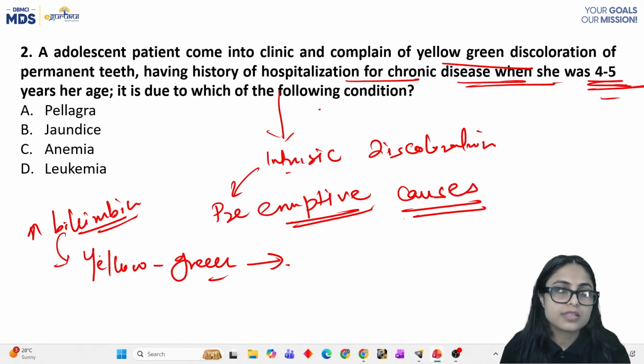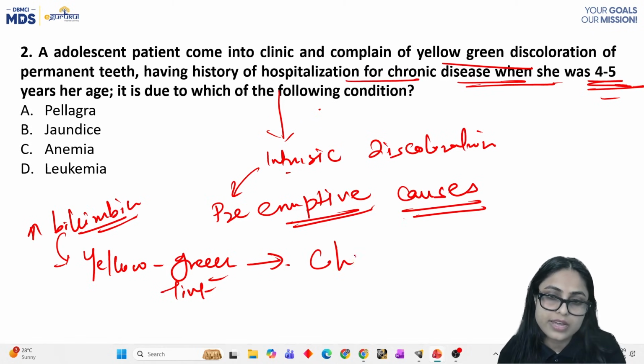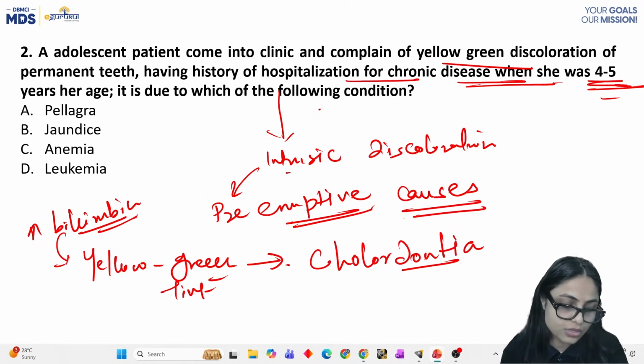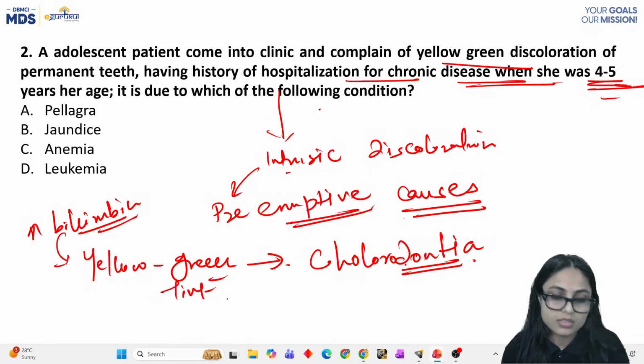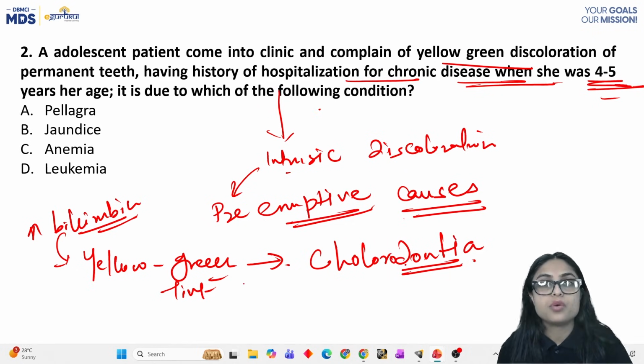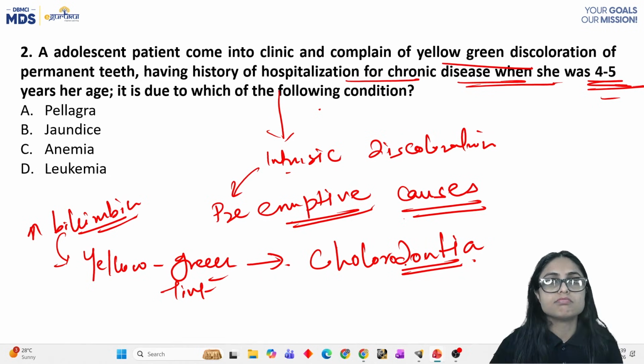This increased bilirubin can give us jaundice like yellow green tint, and this is called chlorodontia. Now we have some other conditions which can also cause this intrinsic yellow green discoloration.